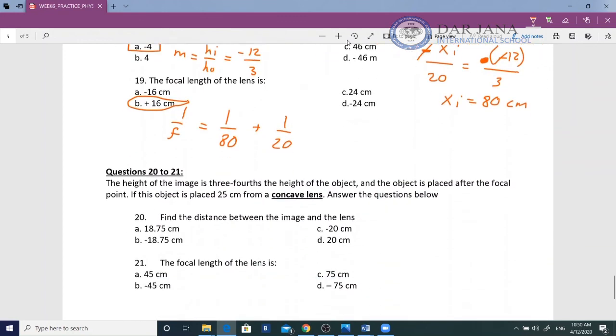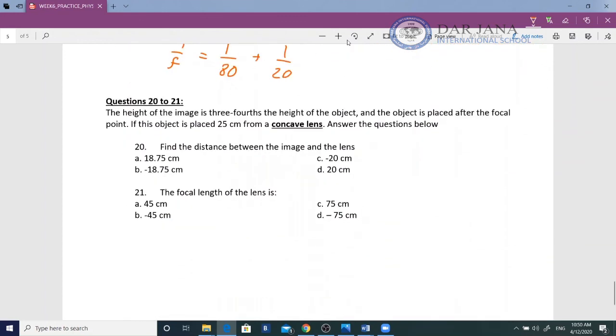Here we have the height of the image is 3/4 the height of the object, and the object is placed after the focal point. If this object is placed at 25 centimeters from the concave lens, remember that in a concave lens the focal length should be negative, but the object distance is always positive.